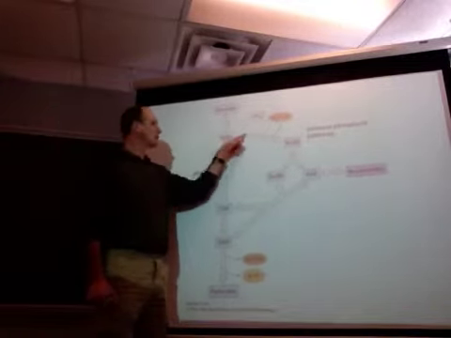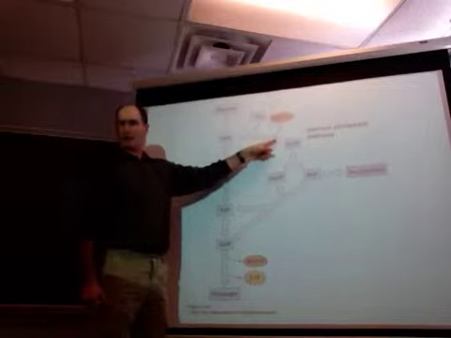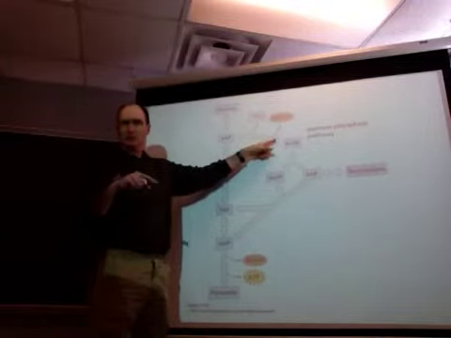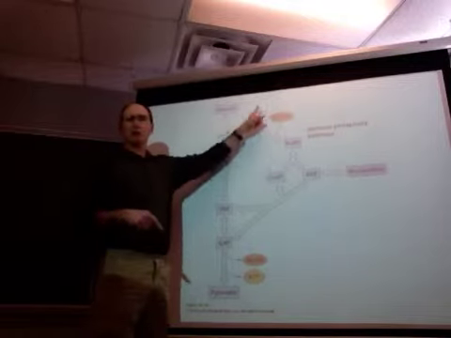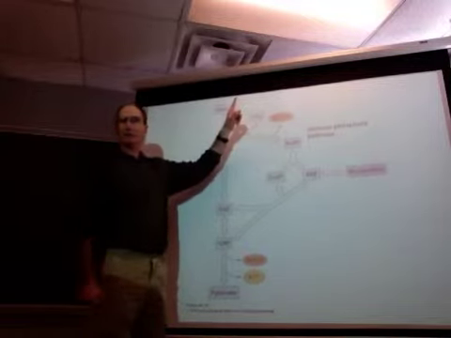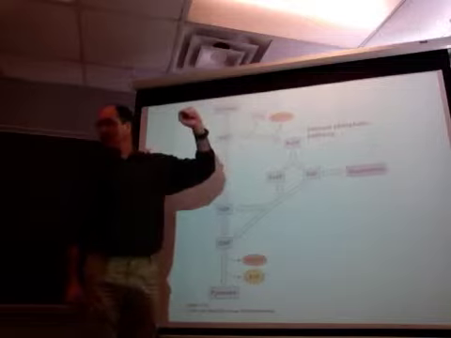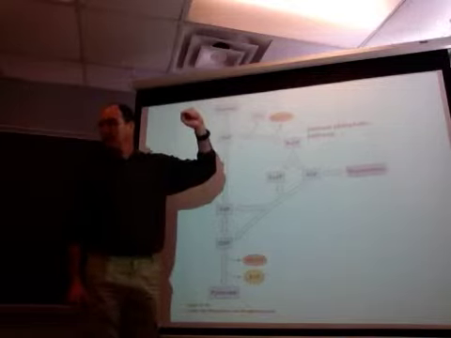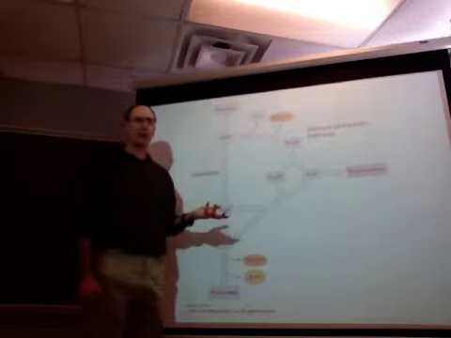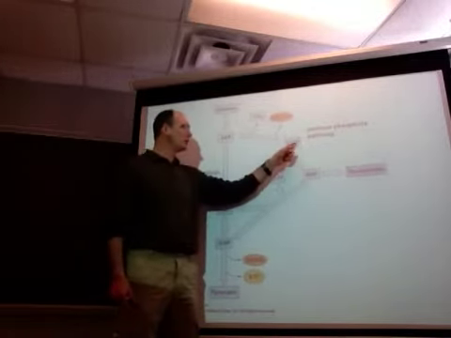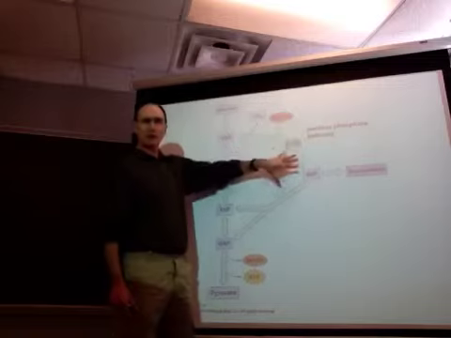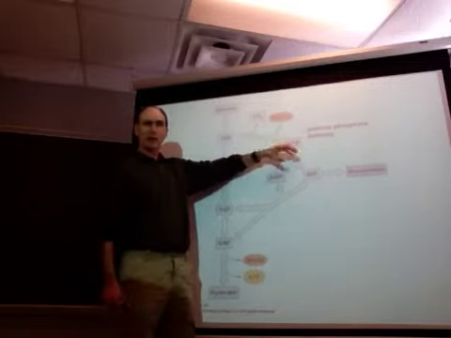So if 6 glucoses go into the pathway, how many carbons do we have? 36. And if each one loses a carbon dioxide, how many carbon dioxides are lost? 6. So how many carbons do we have left now? 30.